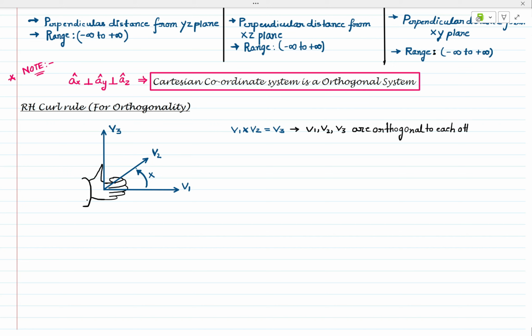From here I can conclude about orthogonality, a concept used in electromagnetic theory.